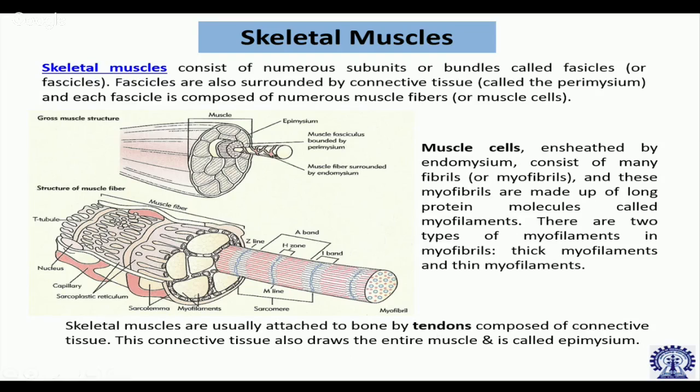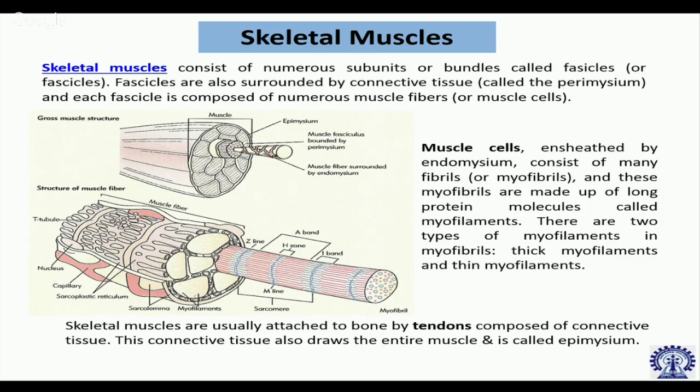There is another player who is coming into the picture now, like we have several players in a football team, and everybody is doing certain duties and responsibilities. So tendons, as you might know colloquially, are composed of connective tissue. The skeletal muscles are attached to bone with the help of tendons. Very, very important. This connective tissue also covers the entire muscle and is called epimysium.